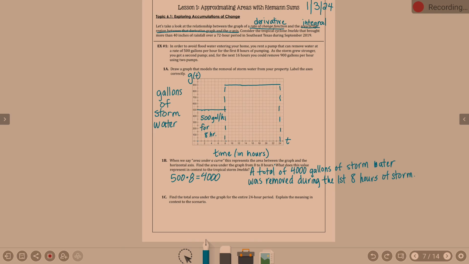Okay. Find the total area under the graph for the entire 24-hour period. Explain the meaning and context to the scenario. So 900. 900 times 16. This is 900 gallons per hour over the course of 16 hours. So we have to do 900 times 16.